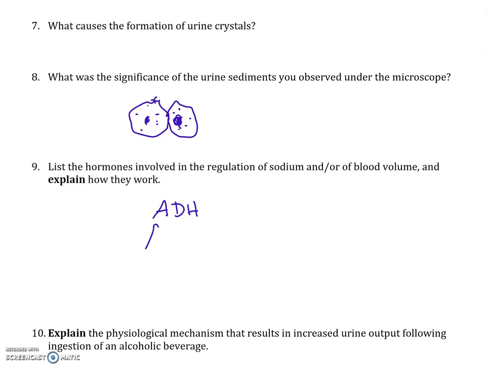The aldosterone, that one reabsorbs salt. So that is a steroid hormone from the renal cortex, and it will insert salt reabsorption mechanisms into the collecting duct cells mostly. And with the salt goes the water reabsorption.